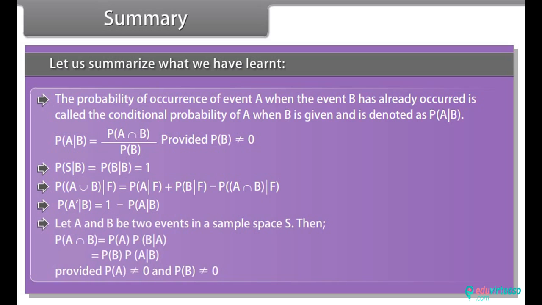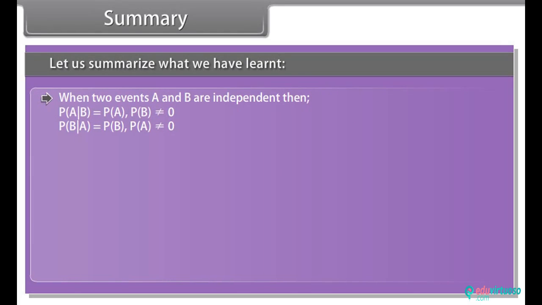Let A and B be two events in a sample space S. Two events A and B are independent if P(A intersection B) equals P(A) into P(B), and dependent if P(A intersection B) is not equal to P(A) into P(B).